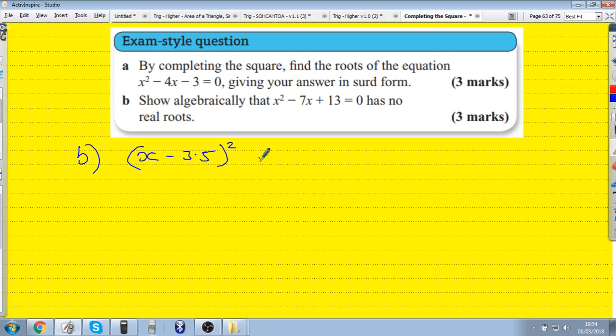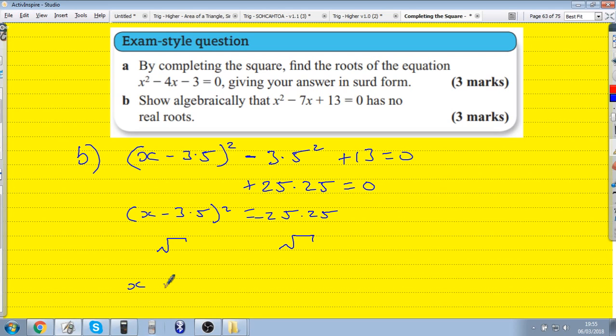So minus 3.5², and then plus 13. So that would be plus 25.25... equals 0. So x − 3.5 is minus 25.25. So then we know x is minus 22.25. And we know that because it's a minus value and it's less than 0, it has no real roots.